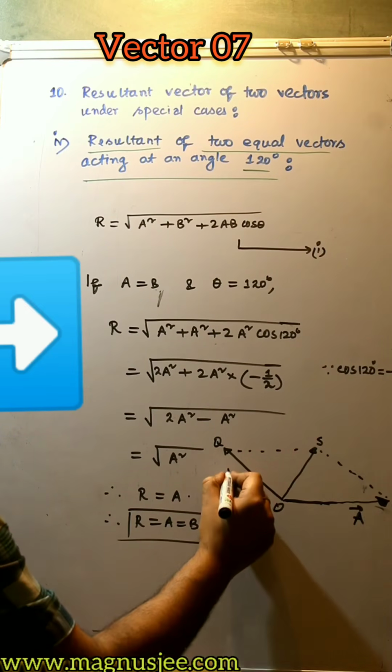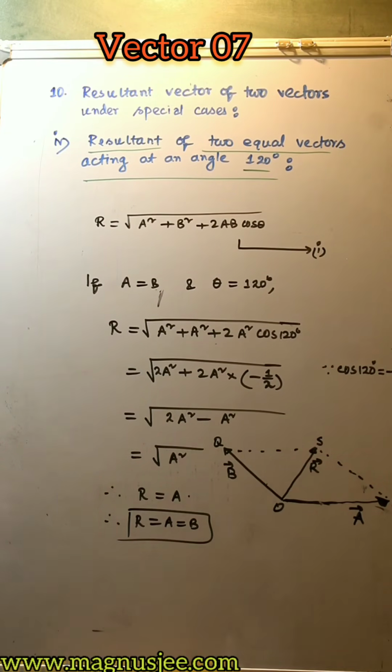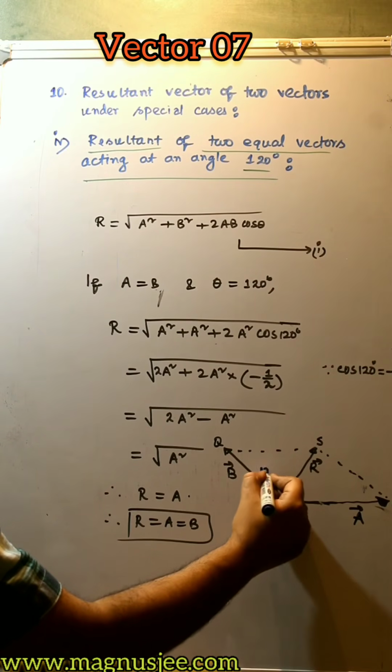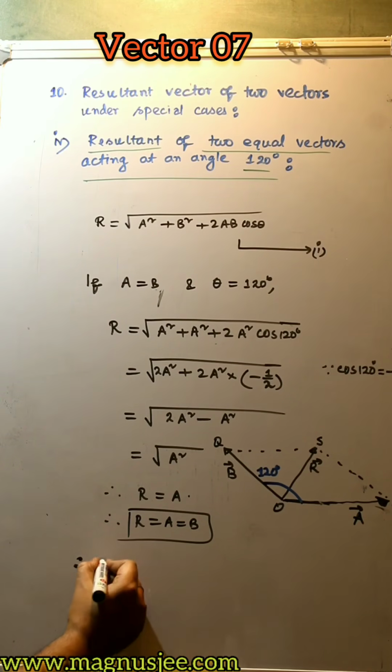Along OP vector A is acting, along OQ vector B is acting, and along the diagonal OS vector R acts. 120 degrees is the angle at which vector A is acting with vector B, and they have the same magnitude, vector A equal to vector B. In that case, the resultant vector will be acting at an angle.